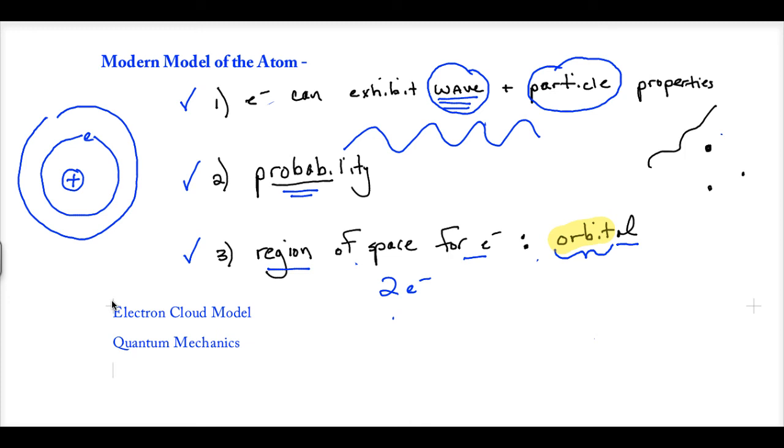Probably that's really all you're going to need. So the electron cloud model, the quantum mechanical model, it's all the current model of the atom.